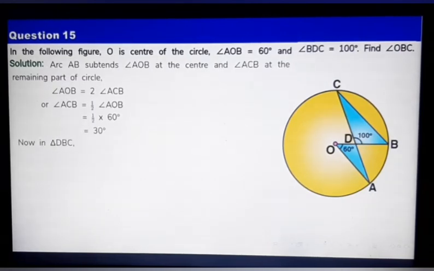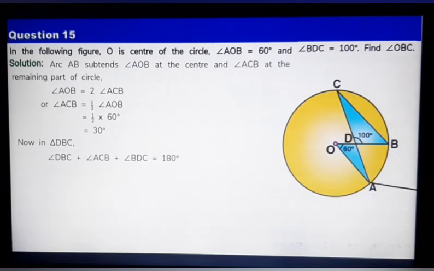Now in triangle DBC, we know that the sum of the angles will be 180 degree. Now let us put the values. DBC is what is asked, that is this angle. So let us put ACB, or DCB also you can call it, both mean the same.